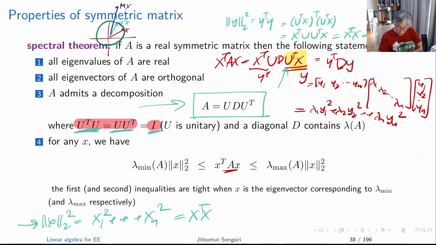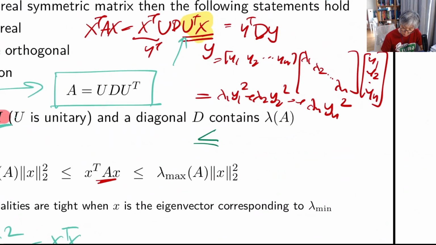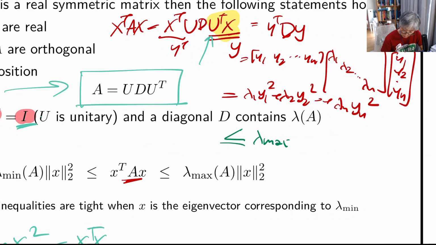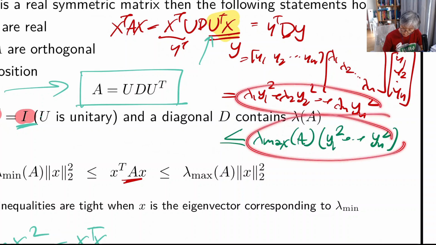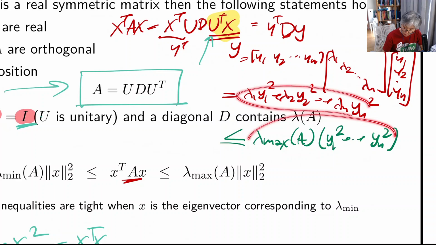We put it aside. Let's continue on this quantity. Now we have derived that for any x, any energy function in x is quadratic in y in this way. Okay. Now, if I want to find an upper bound of this, is it true that I can make lambda max of A a common factor, and then multiply with this? Do you agree with this bound?